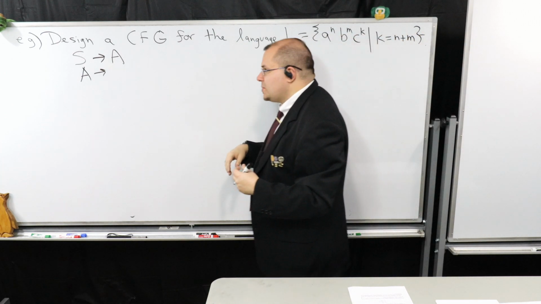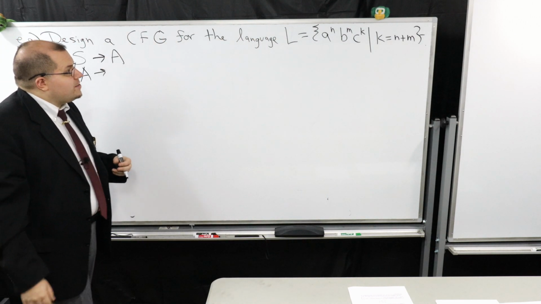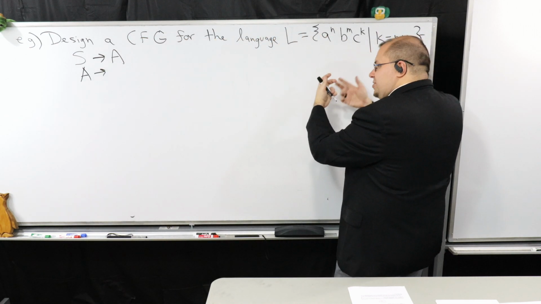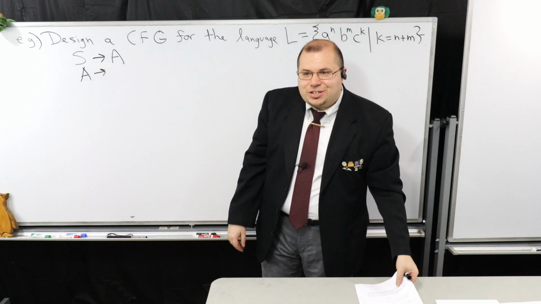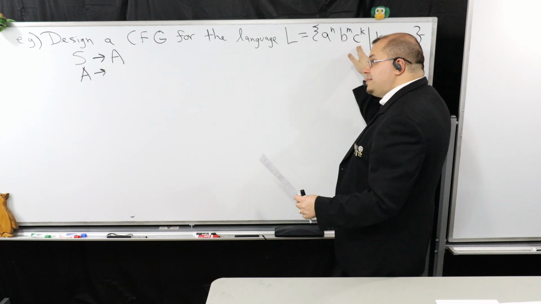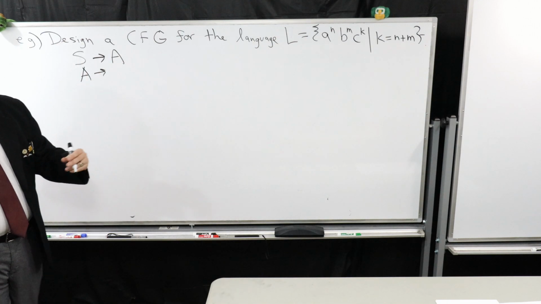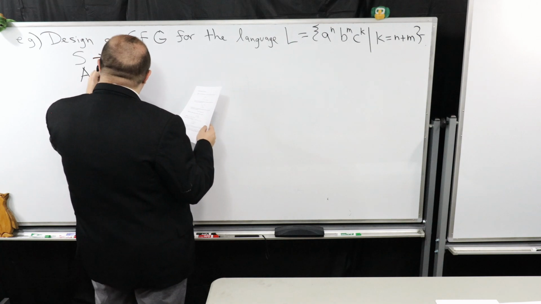Very often when you run into problems like this one, you want to try to expose some way you can optionally select the other symbols. So if I need to make sure that there's an equal number of A's and B's with the number of C's, then every time I introduce an A, I better put in a C. Make sense? Just like I need to make sure I put in a C if I put a B in.